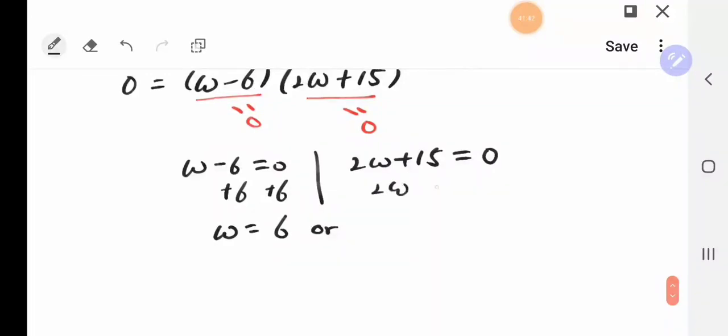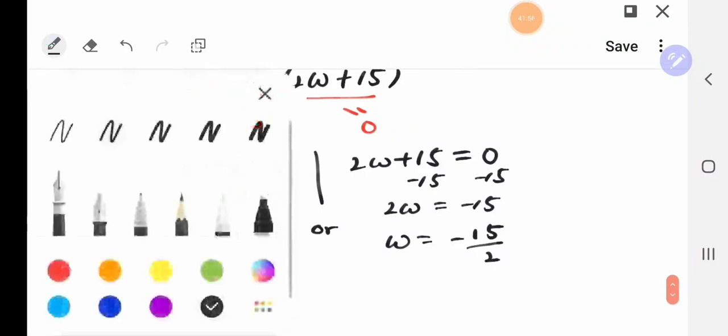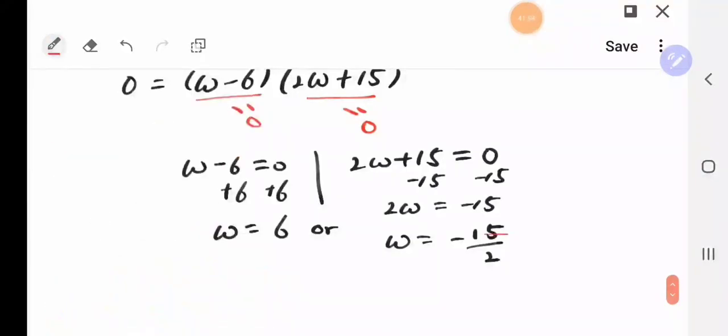From the second factor, minus 15 each side, then 2W is equal to negative 15, then W is negative 15 over 2. Now W is the width, and a negative width is not a solution, so eliminate it. So the only value of the width is 6 meters.